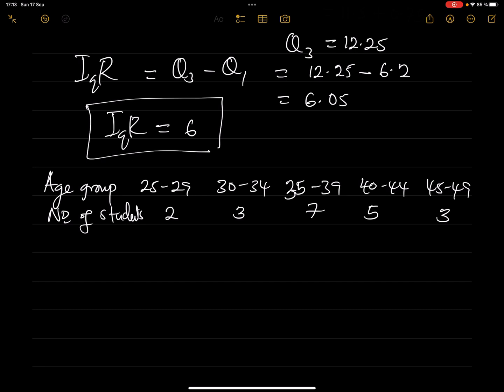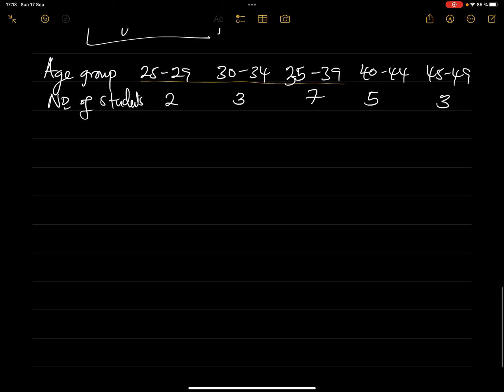So the question is, calculate the interquartile range using our formula. Or we can make it more explicit: you can calculate the first quartile, or the third quartile, the fifth decile, and the 75th percentile.